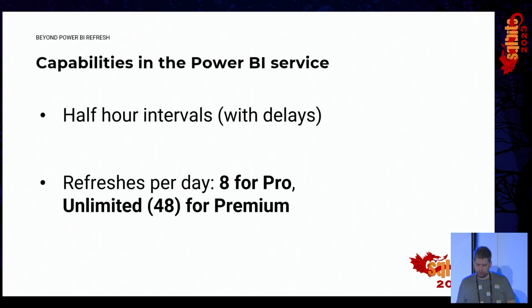Then we also have the limit on the amount of refreshes. We have 8 for Pro, and we have 48 for Premium, which is the documented limit, because the reality is that in Premium we can actually update an unlimited number of times. It's not something Microsoft will guarantee, but if you don't use the UI, you can actually go beyond this limit for Premium, but you cannot for Pro.